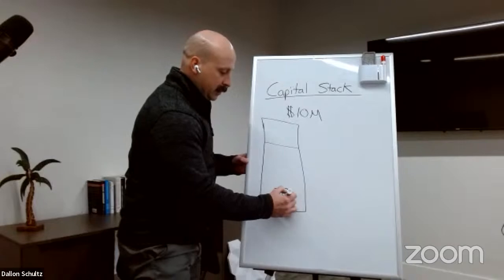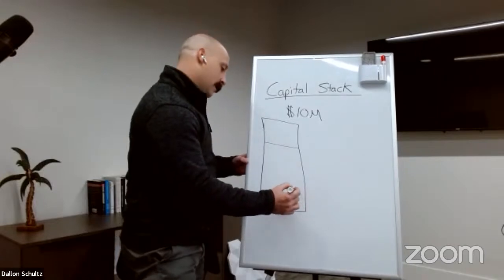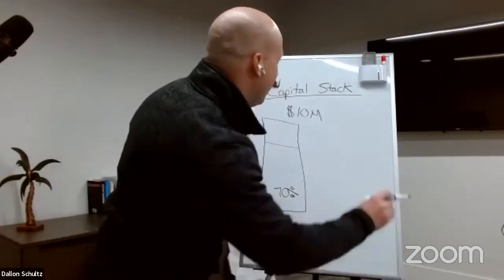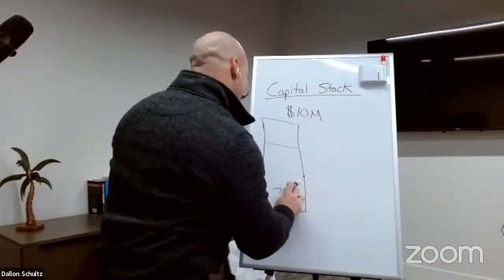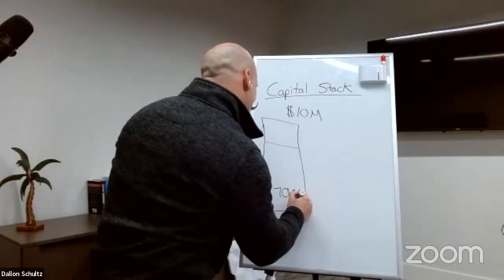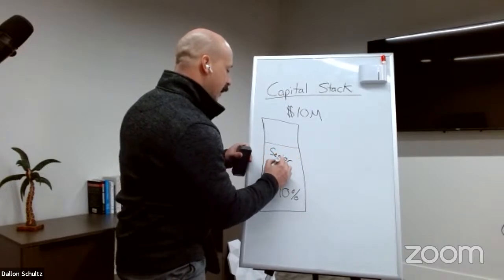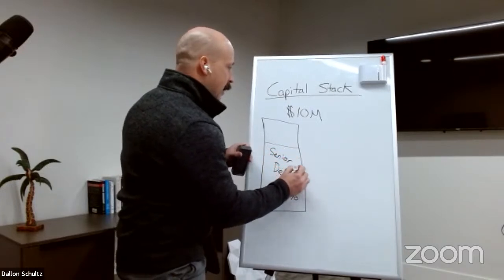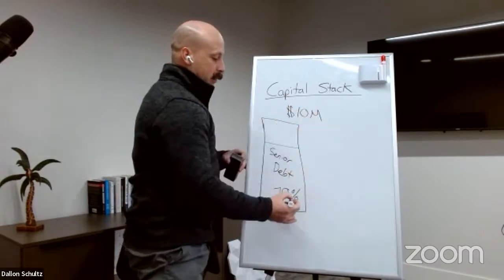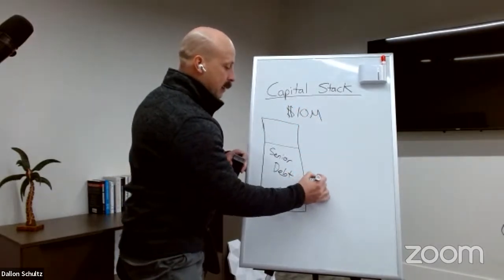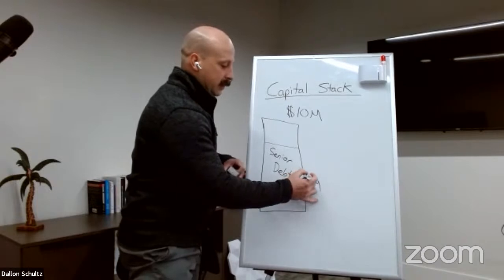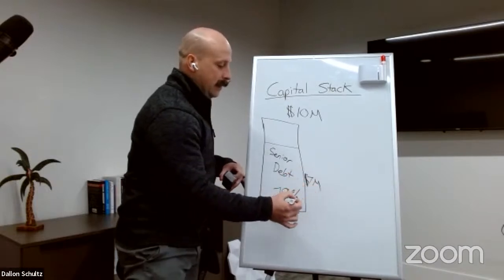We'll say 70%, and we'll refer to this as your senior debt. They are the ones that in a $10 million purchase, are putting up $7 million of that deal.